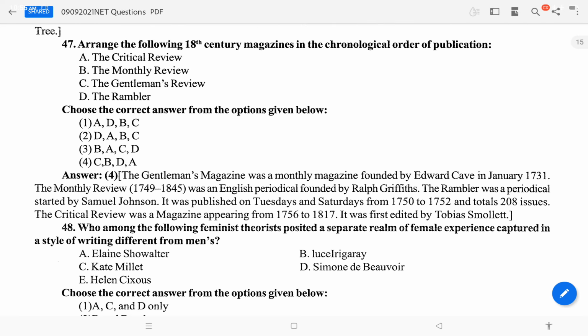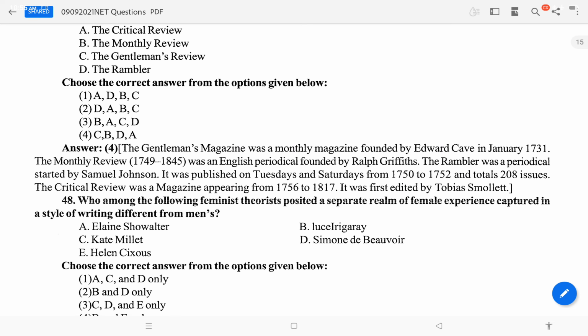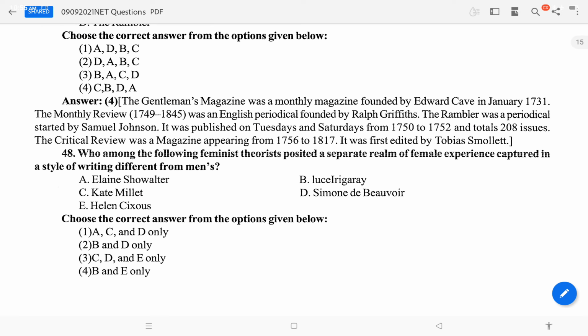So, question number 47. I have to finish it in a hurry. Arrange 18th century magazines in chronological order. So first will be the Gentleman's Magazine, a monthly magazine founded by Edward Cave in January 1731. Then the Monthly Review, 1749 to 1845, was an English periodical founded by Ralph Griffiths.